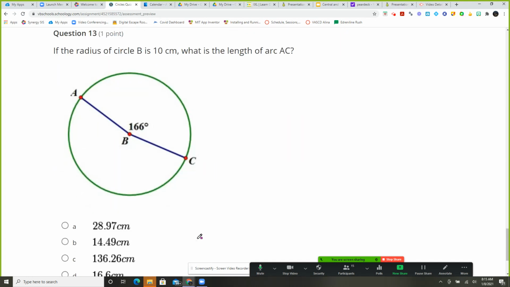Last one. If the radius of a circle is 10, so we can add that into our drawing. What is the length of arc AC? So again, we're going to do the 166 over 360. We're looking for arc length. So do we use circumference or area?